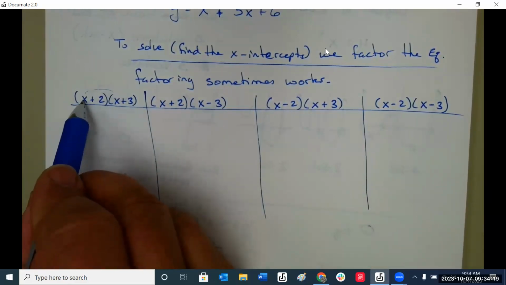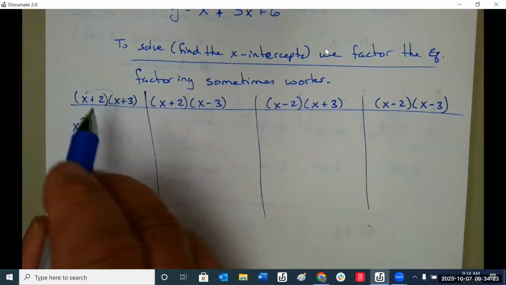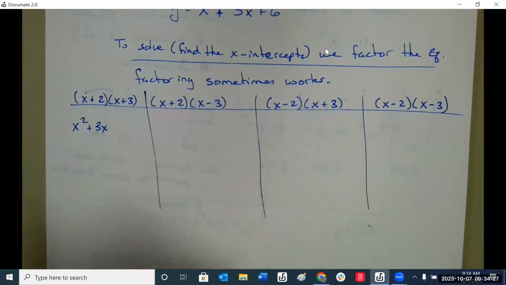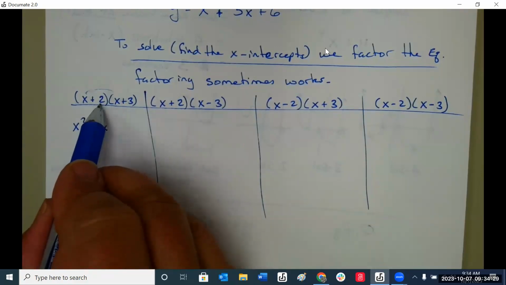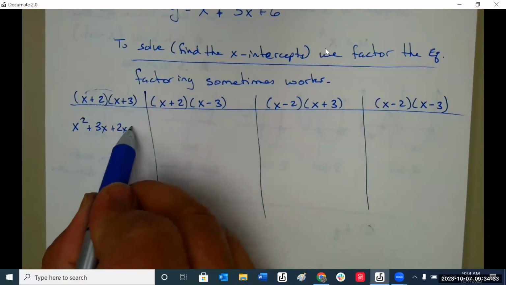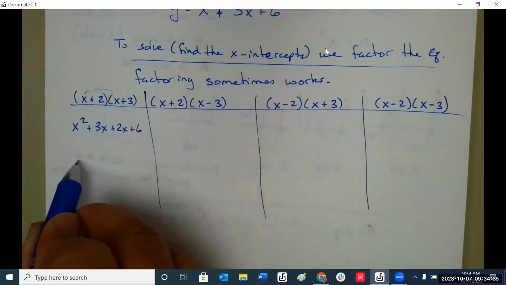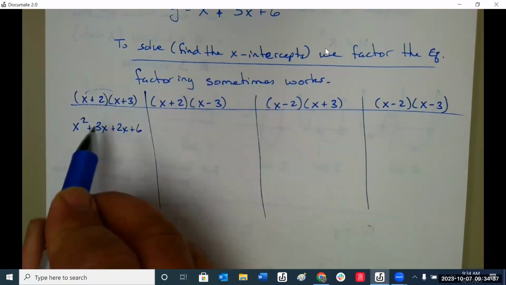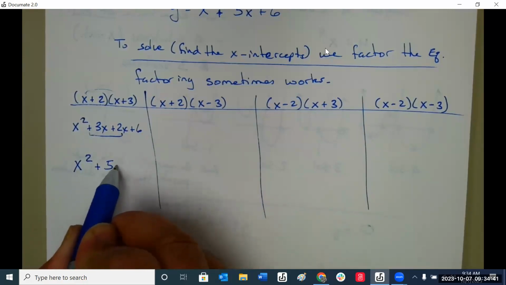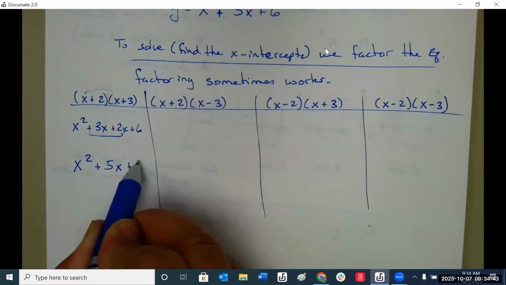So the first one, x times x gives us x squared. X times 3 is 3x. Now the second number, 2 times x is 2x. 2 times 3 is 6. Combine like terms. They're both positive, so 3 plus 2 is 5x. And the last number is 6.